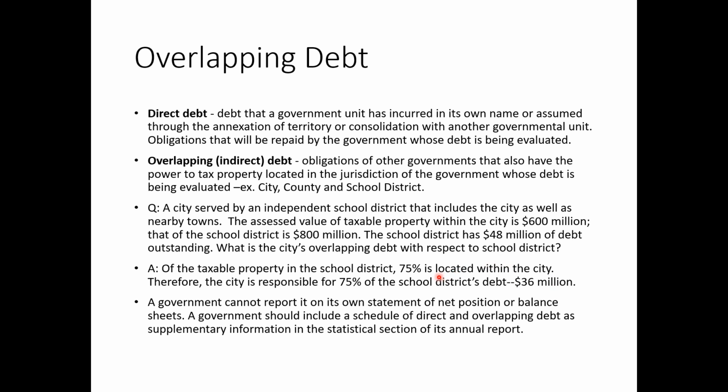The city didn't borrow it. The city does not have to repay it, but the city has to consider the debt, because eventually the people who are living there are going to pay for it.